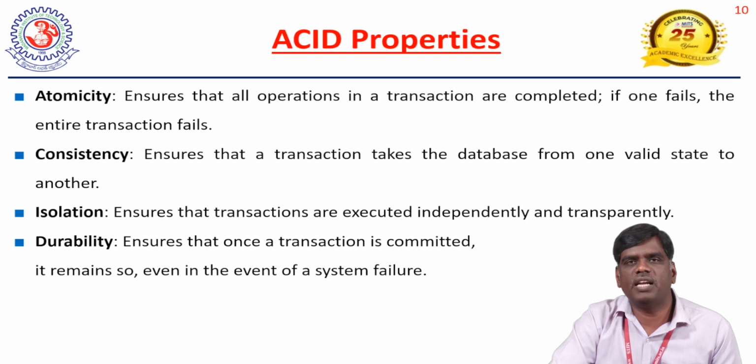If I have a transaction with two operations, where I am going to credit some amount from my bank account and then debit it to some other account, debit and credit are supposed to happen at the same time.